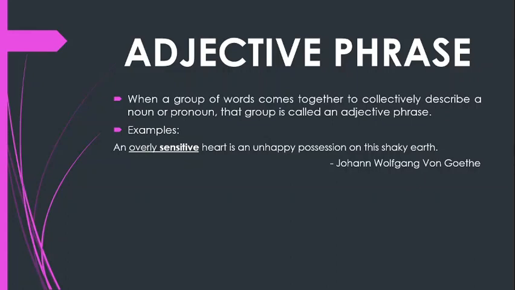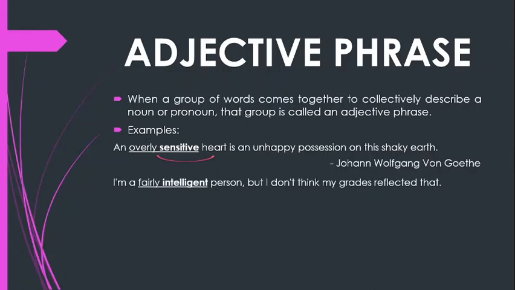These words, "overly sensitive," together form one whole unit and they describe the heart, the nature of the heart, the quality of the heart. Overly sensitive: an adverb plus adjective combination which together works as an adjective describing the noun "heart." So this is an example of an adjective phrase.